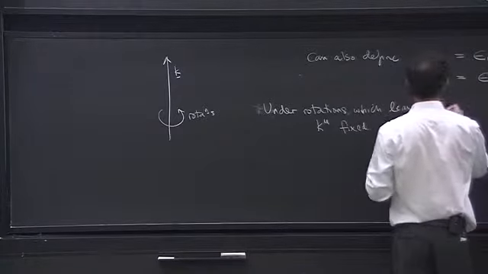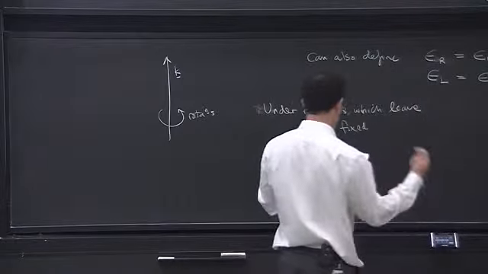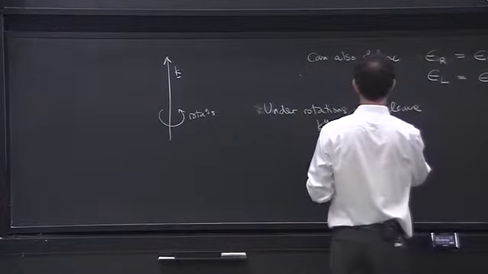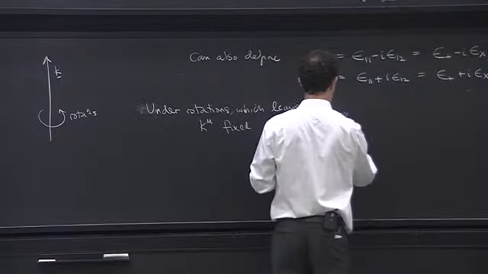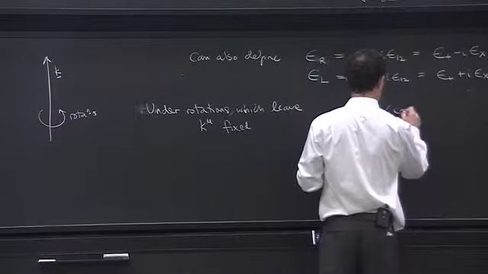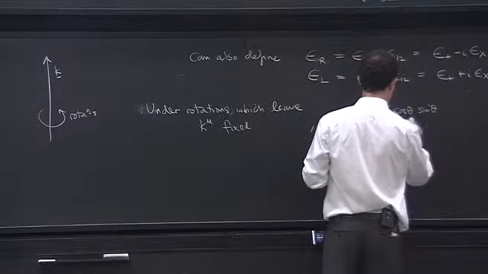So it's interesting to ask, how does this polarization change if I do a rotation around the z-axis? So under these rotations, we have epsilon prime mu nu.